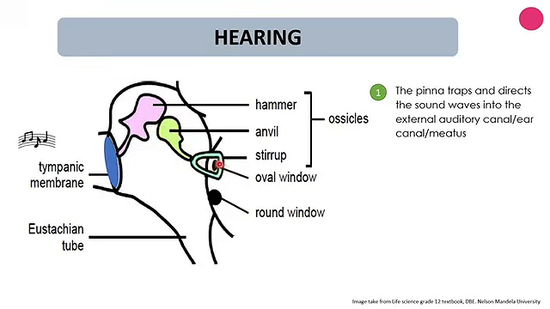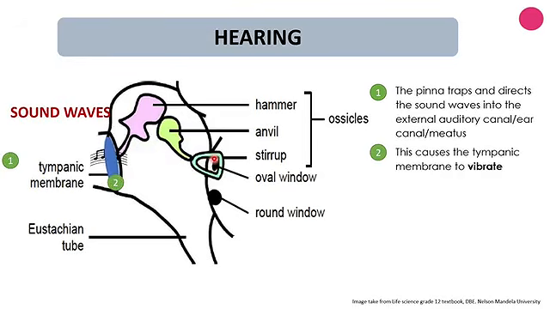And right here at the oval window, it will put pressure, and it will make almost like a piston action against this membrane that we see here, this oval window. Right, so there go the sound waves.